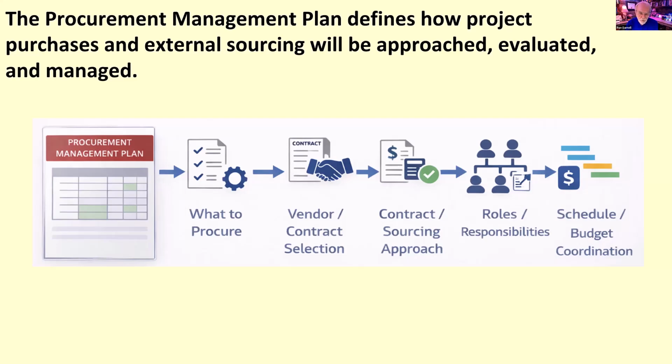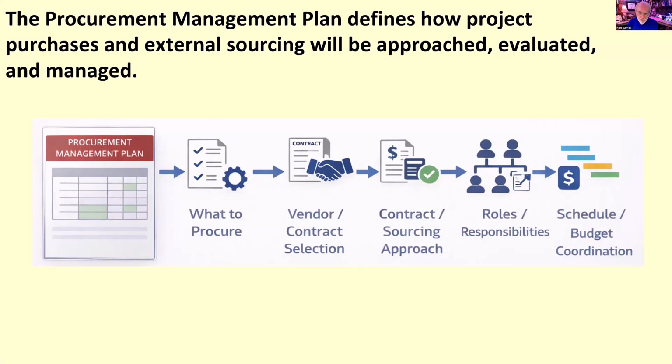A useful procurement management plan begins by identifying what must actually be procured. Not every project needs significant external purchasing, but when procurements are involved, the project should be clear about what is being acquired and why it's needed. That helps connect procurement activity back to the scope and delivery needs of the project.